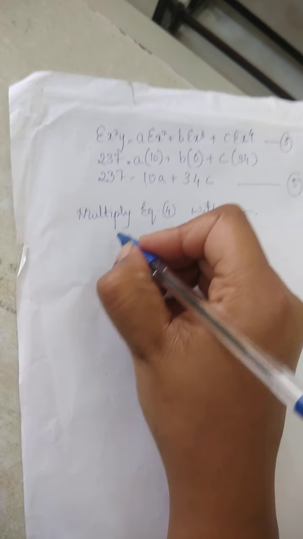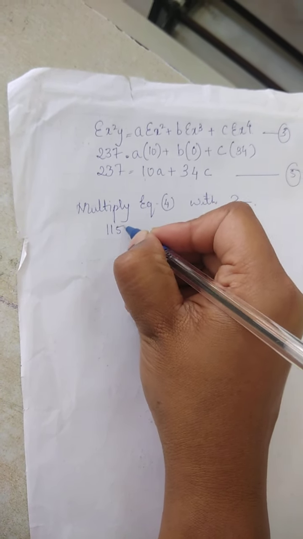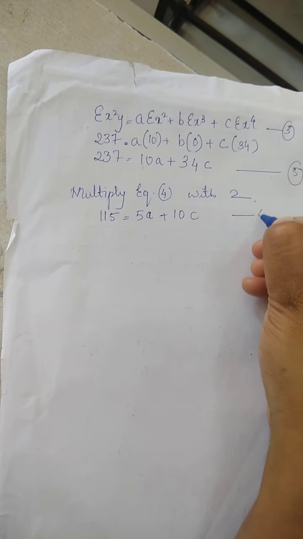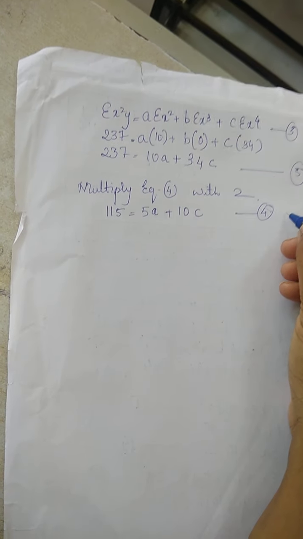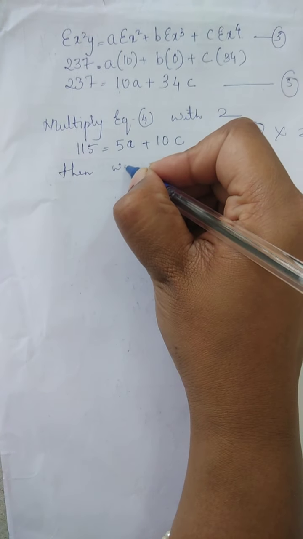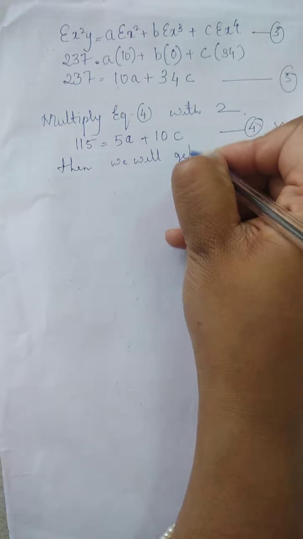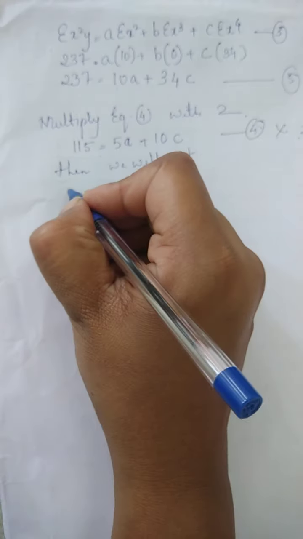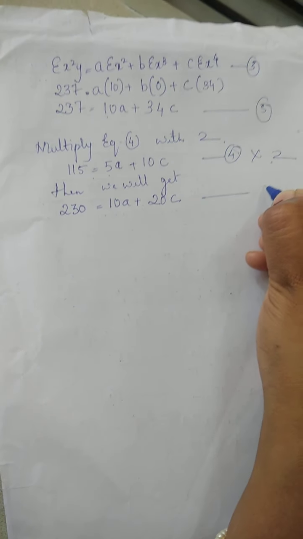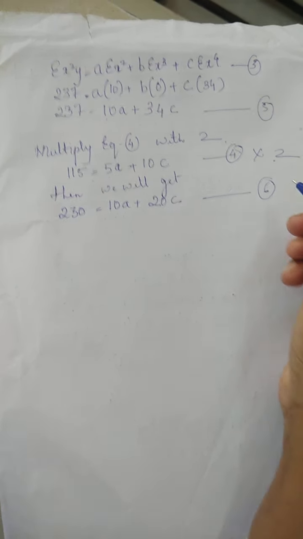What is equation number 4? 115 is equal to 5a plus 10c. This is equation number 4. So you have to multiply with 2. Then we'll get 115 into 2 is 230 is equal to 5 into 2 is 10a plus 10 into 2 is 20c. Okay, this we got as equation number 6.